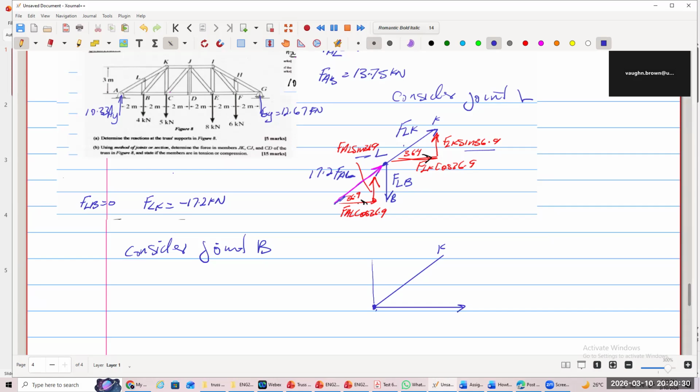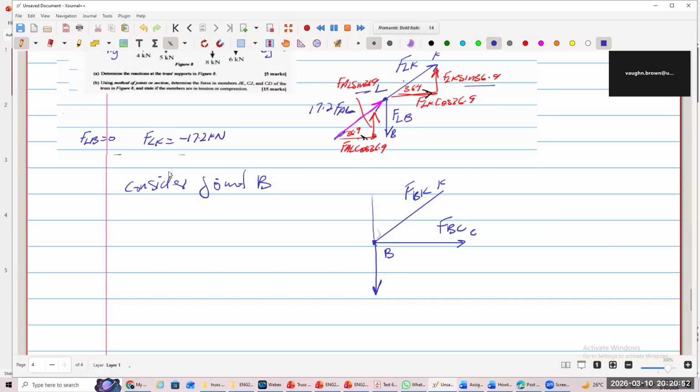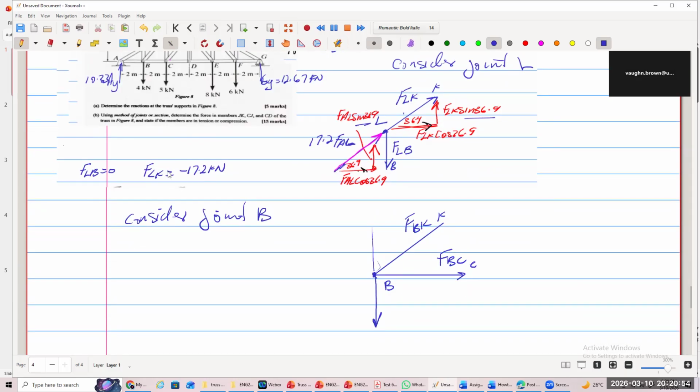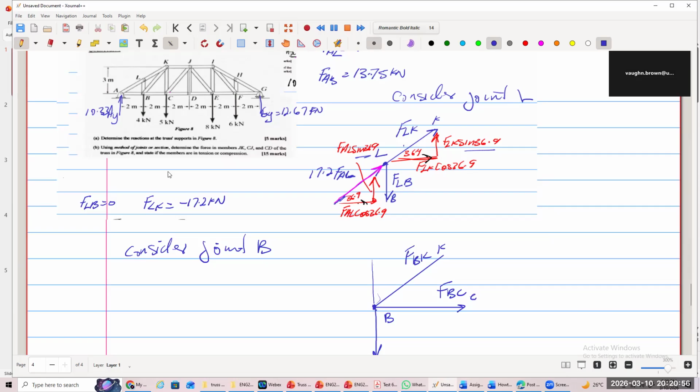So this is now going to be B, and this is going to be C. This is known as FBC, while this is known as FBK, and this force is coming down here. Then you have another force, AB.